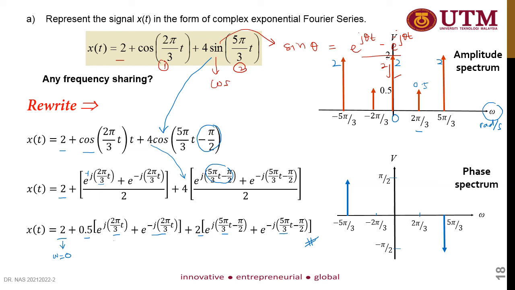And for the third frequency at 5 pi over 3, positive multiplied with negative, you get negative pi over 2 at positive frequency. At negative frequency, negative 5 pi over 3, negative times negative is positive, so you get positive pi over 2.